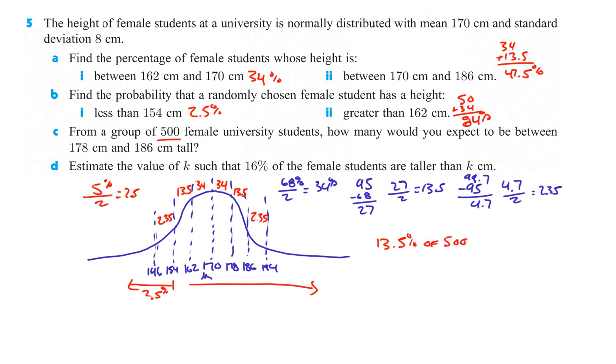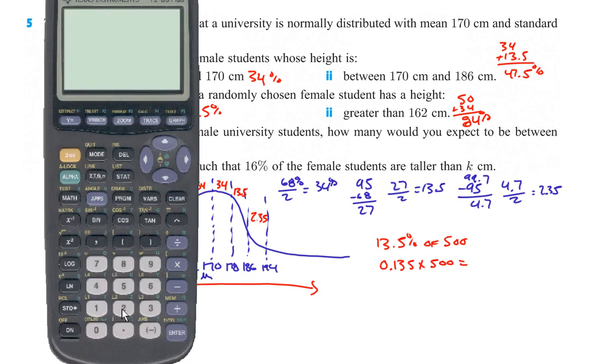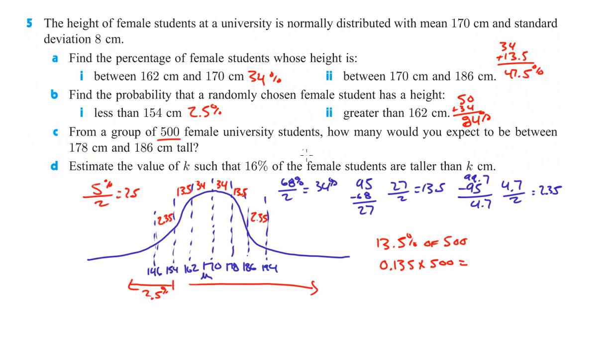So we would want to get our calculator out here, and 13.5 as a decimal is 0.135 times 500, and that'll tell us exactly how many we should expect. 0.135 times 500 gives us 67.5. So about 67 or 68, somewhere right in there, right? Because it's right in the middle. We don't want to put a half of a person, because that just doesn't make sense.